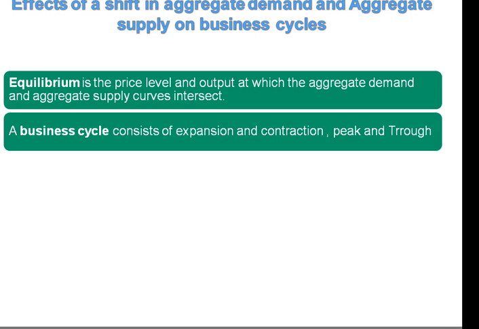A business cycle consists of expansion, contraction, peak and trough, as we discussed. Shifts in aggregate demand and aggregate supply determine changes in the economy. So, what are the different changes? They are shifting the aggregate demand and aggregate supply.